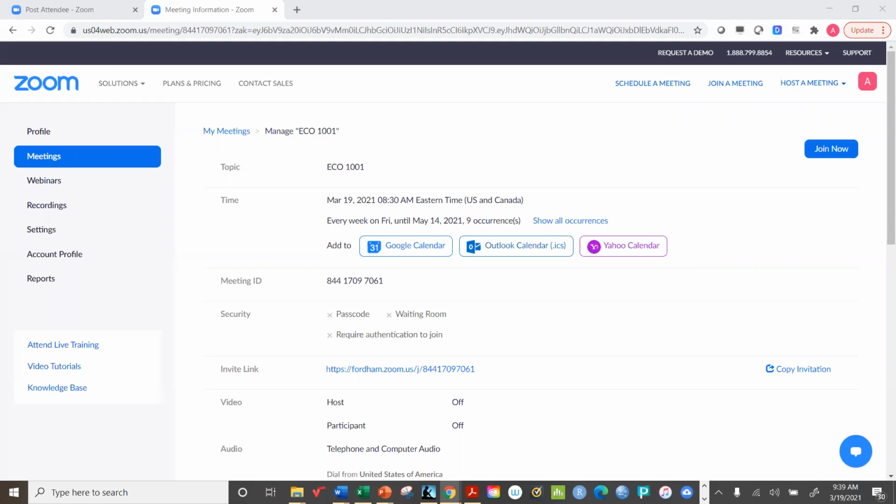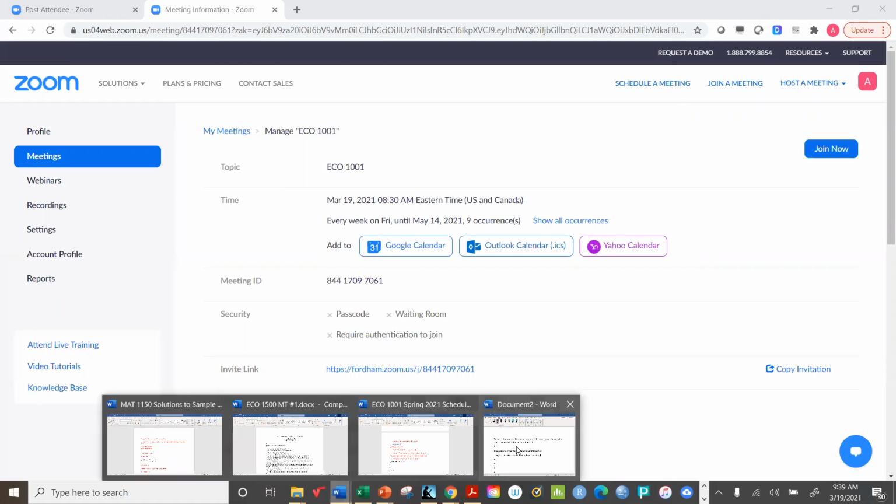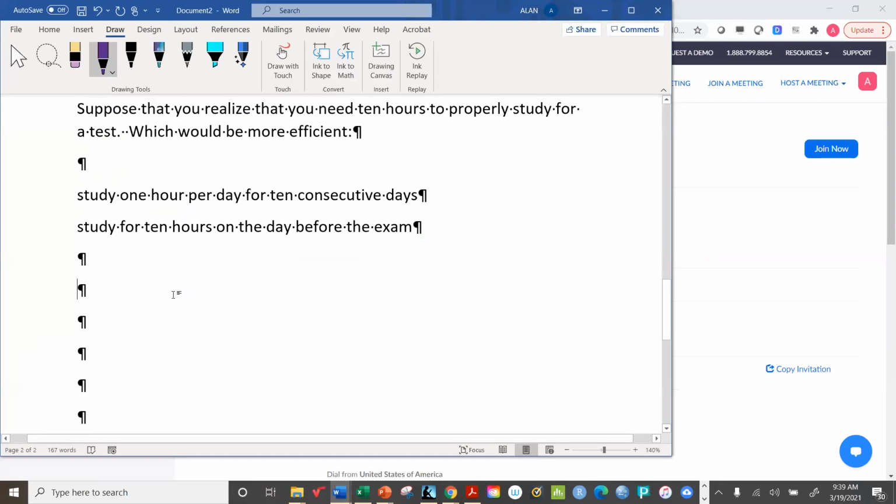Okay, why is this happening? Well, among other things, and you know this from experience, most likely, oh, here we go. Why? You get tired and then you don't learn as well.